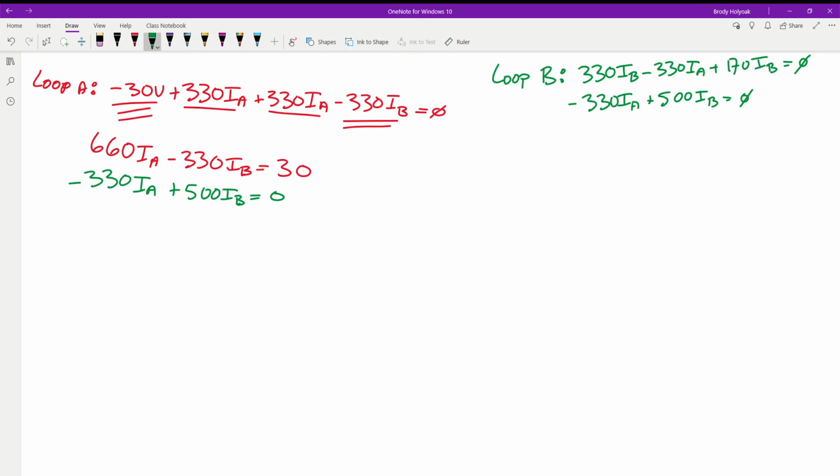As Max was saying, we can take this one, multiply it by 2, so we can cancel out our IAs. So we multiply this whole bottom equation by 2. It's going to give us negative 660 IA plus 1000 IB is equal to 0.